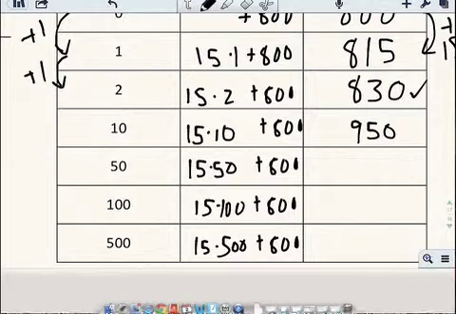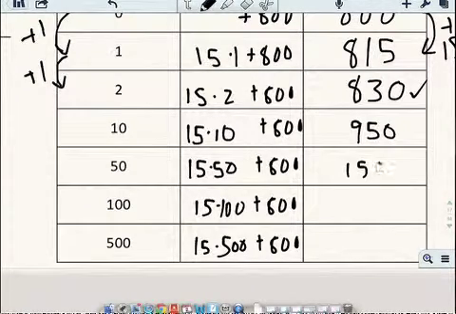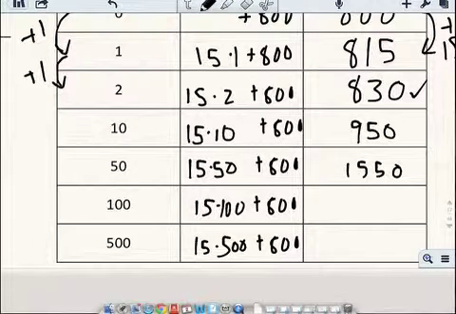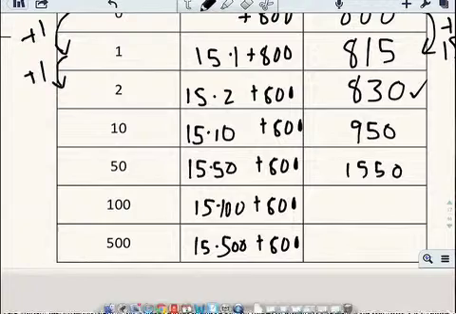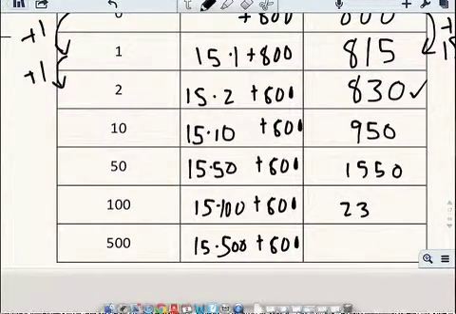I'm going to double check myself with a calculator. 15 times 50 is 750 plus 800 is 1550. 15 times 100 is 1500 plus 800 is 2300. And double check myself again.